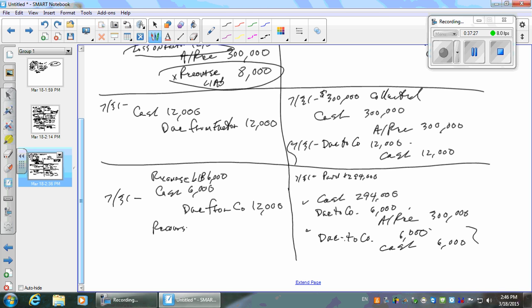You could make it all one entry. It wouldn't have to be separate. The recourse liability, how much are you going to debit it for to get rid of the other 2? 2,000. And what are you going to credit for 2? Would it be a gain? Well, recovery of loss that's in a different year is like a gain. If it's in the same year, just credit the loss.